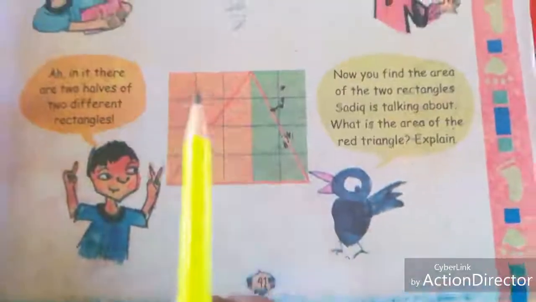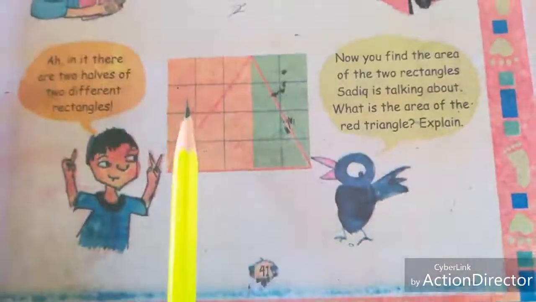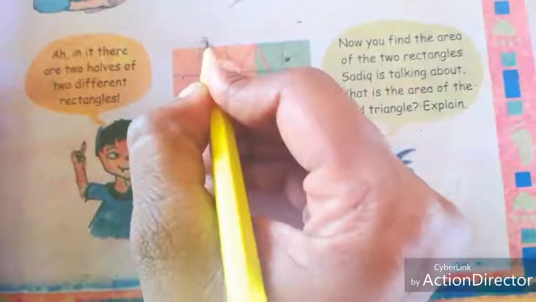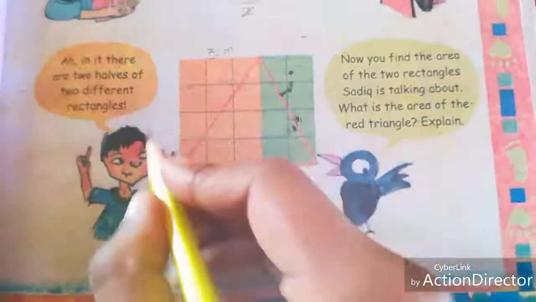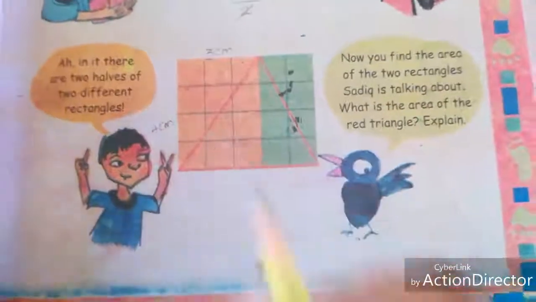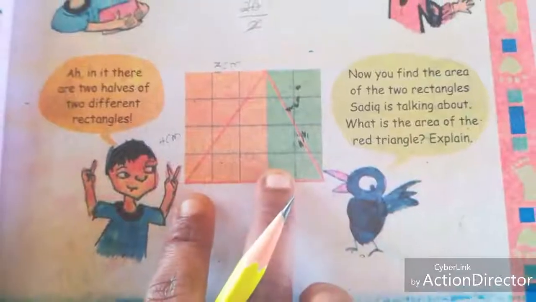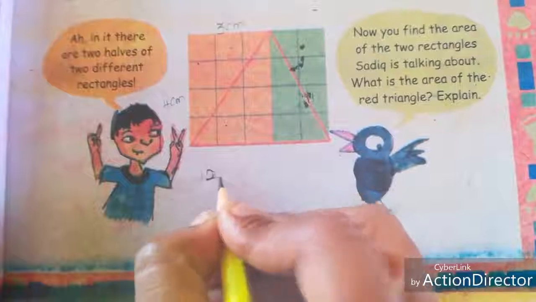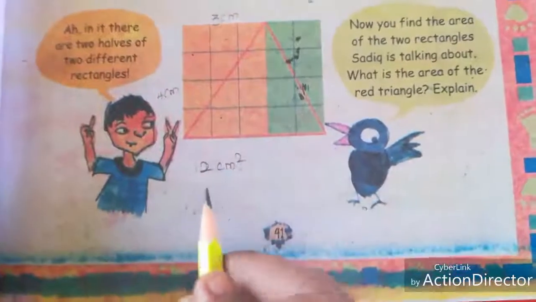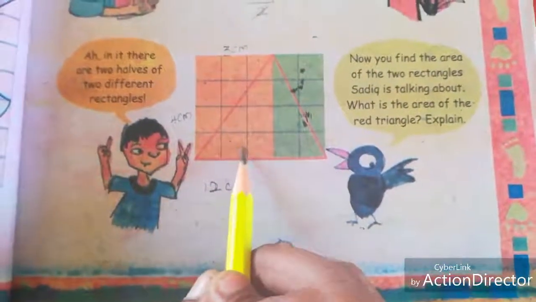See, this rectangle has breadth 1, 2, 3 centimeter and length 1, 2, 3, 4 centimeter. So what is the area of the orange rectangle? 3 4s are 12 centimeter square or square centimeter.